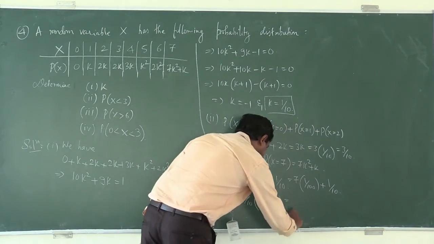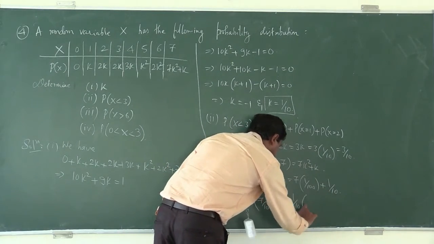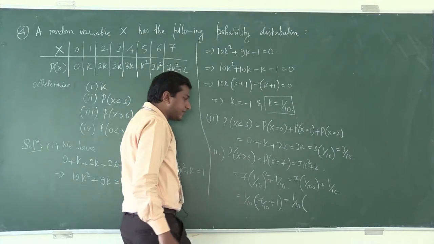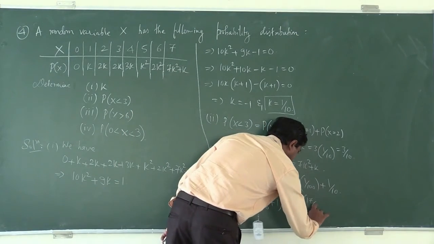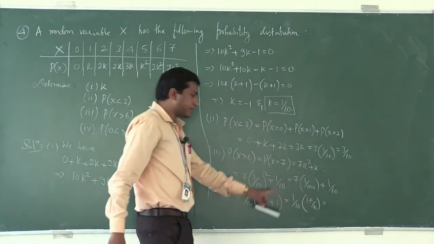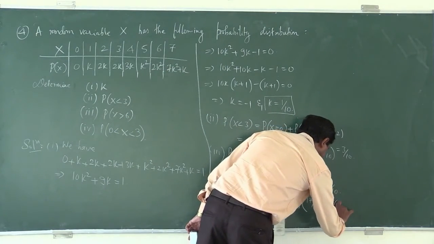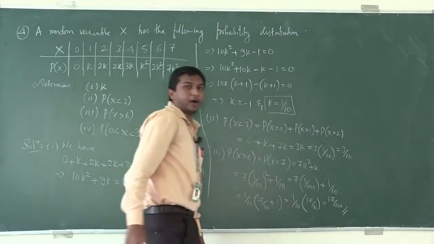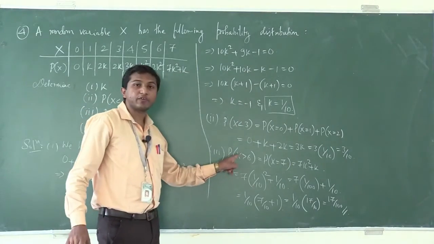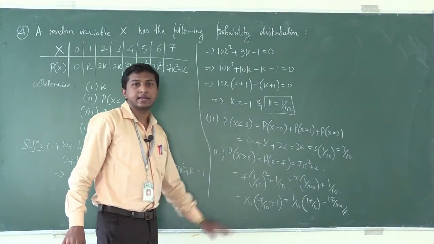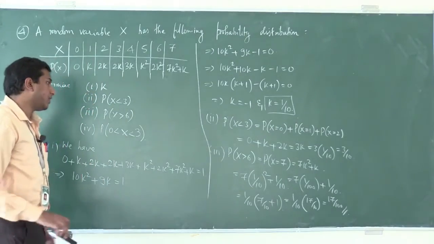On taking the LCM, I get 1 by 10 into 17 by 10. On multiplying 17 by 10 and 1 by 10, we get 17 by 100. Hence, p of x greater than 6 is 17 by 100.